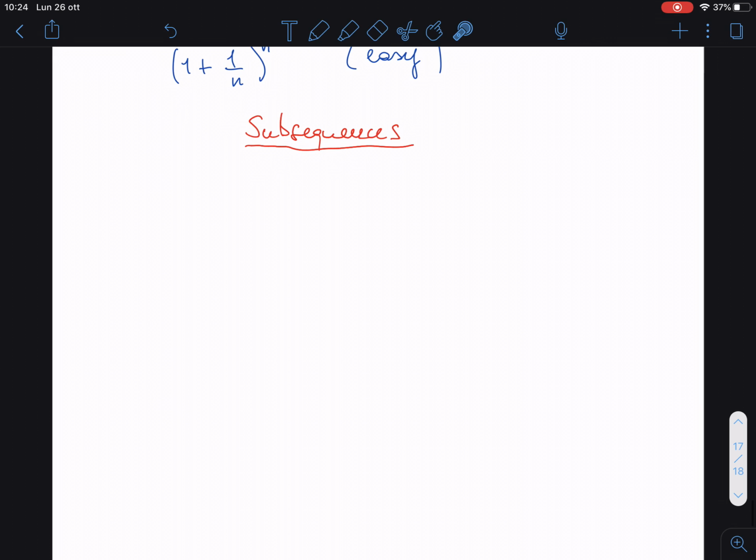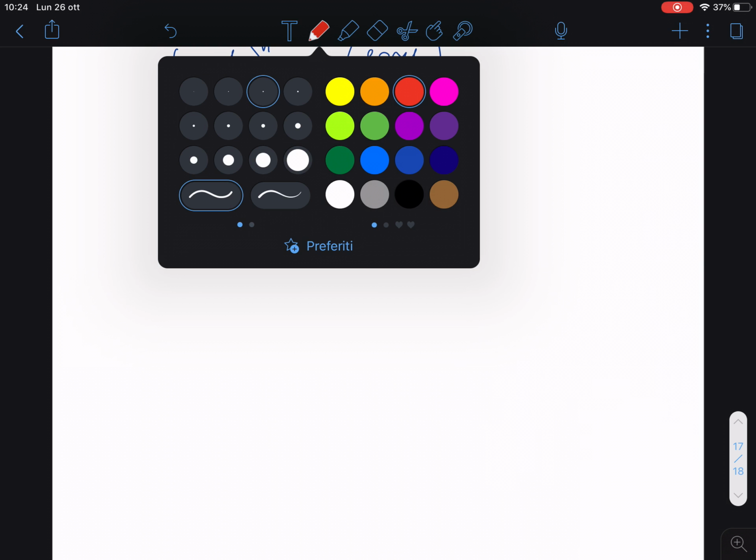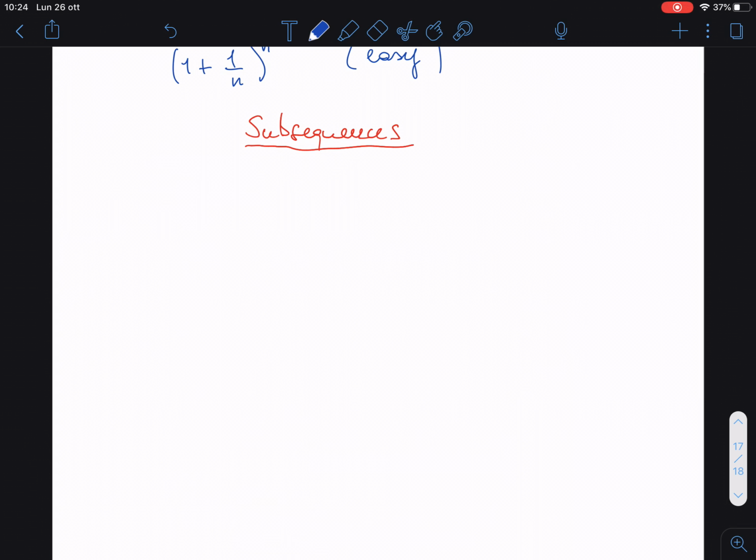So let us start with an example, and so consider a_n as minus 1 to the nth power times n. Remember that, notwithstanding what some books say, this is not a divergent sequence, okay?